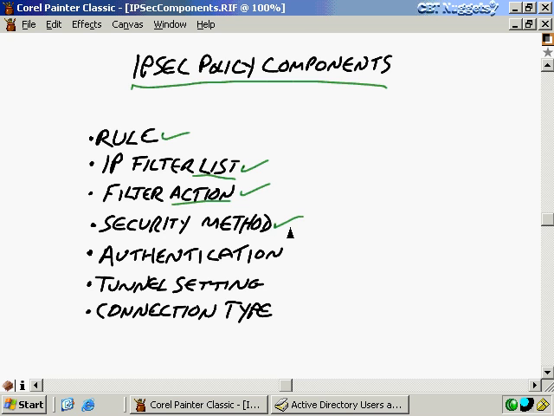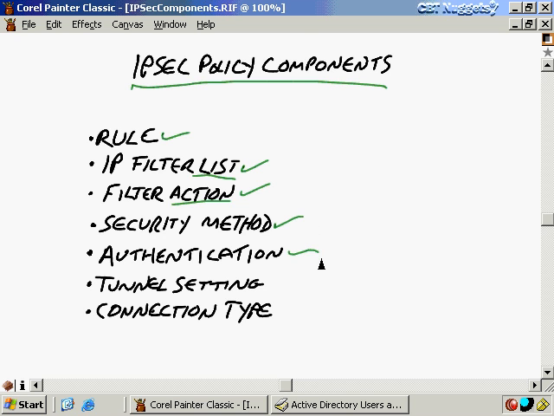Well, we can use authentication header to confirm that you are who you say you are. Or we can use ESP, or encapsulating security payload, to heavily encrypt the contents of that packet. And then you could also use both AH and ESP, but it's a little bit uncommon. Now, ESP also has authentication methods built in as well. So if you use ESP, you might not need to use AH.